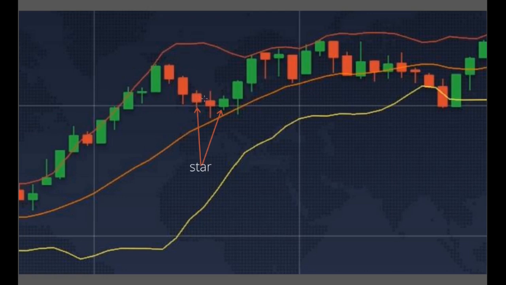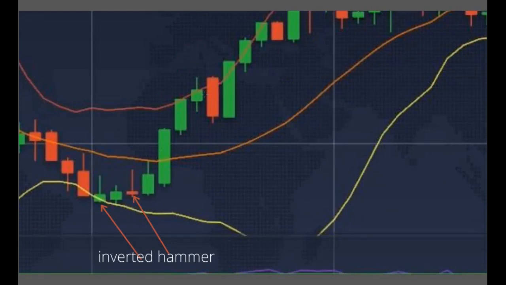The body is not as large as you would expect. This indicates that the bears, although they are still in charge, don't have strong momentum. Okay, so this star can be a continuation or a reversal candlestick.